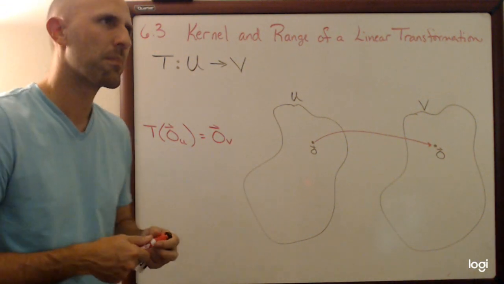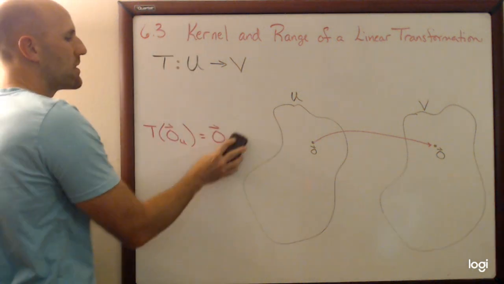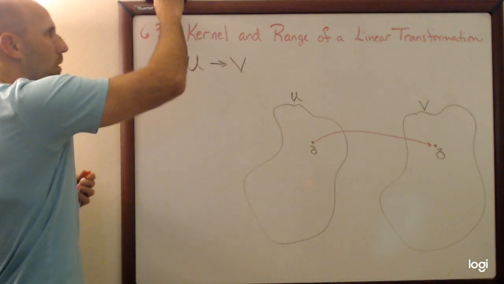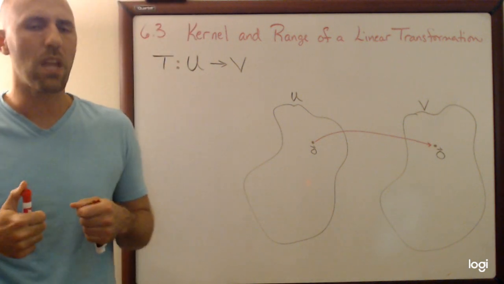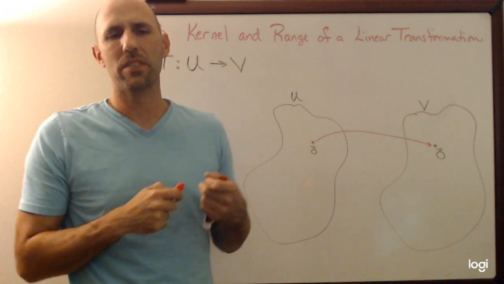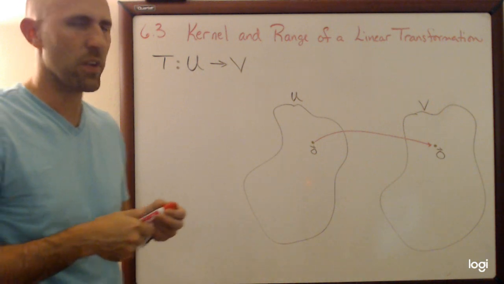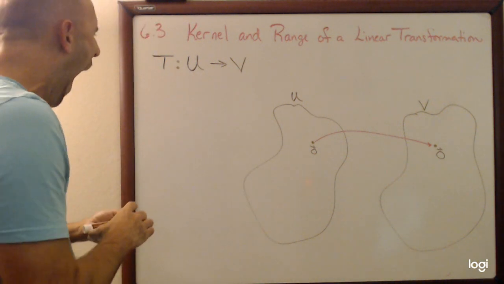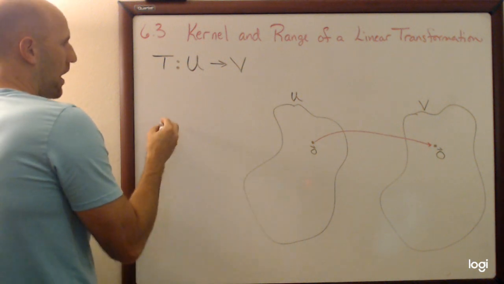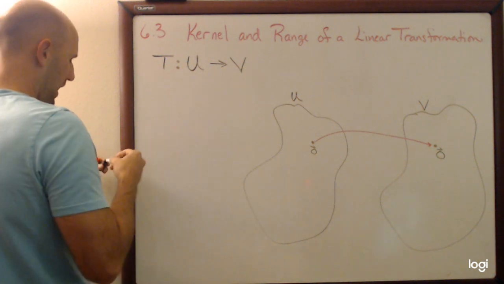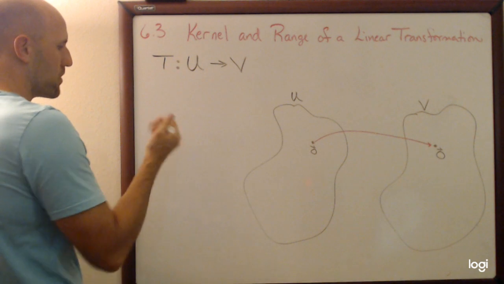However, maybe something else might get mapped to 0 as well, right? Maybe it's possible that not just one element gets sent to 0, but multiple elements get sent to 0. For example, let's say I define T, I'll put this in another color because it's not a general definition.